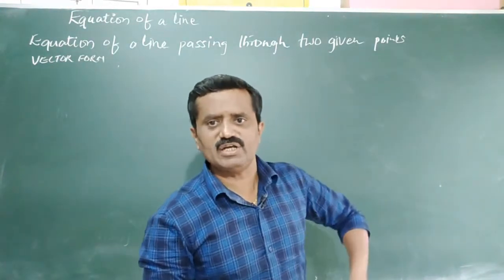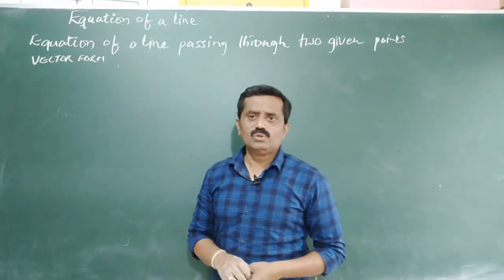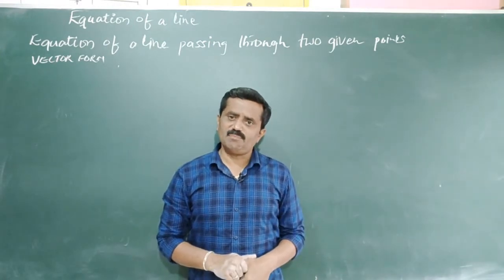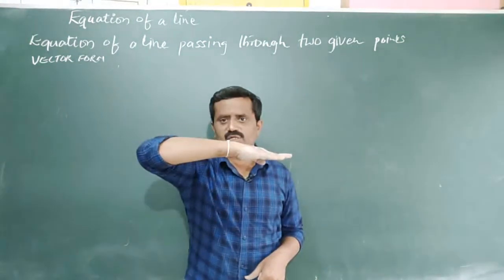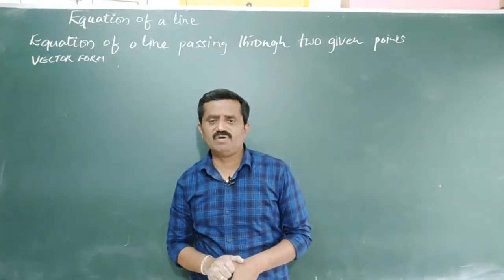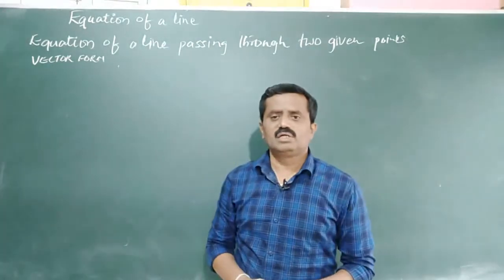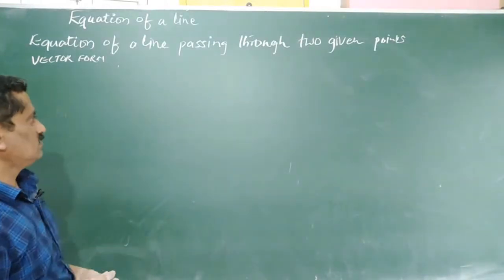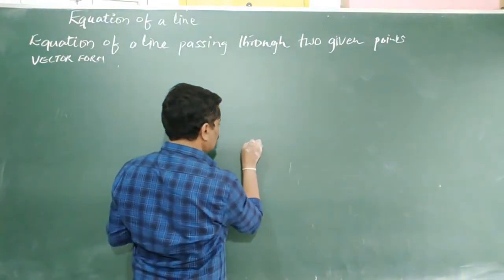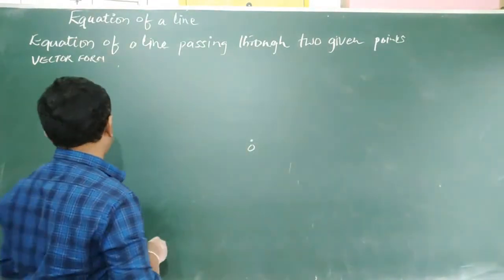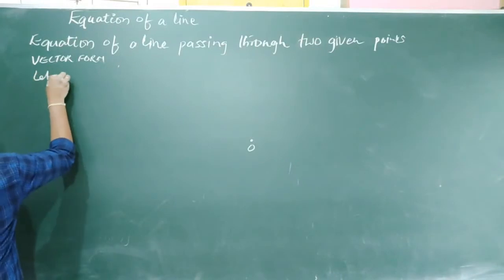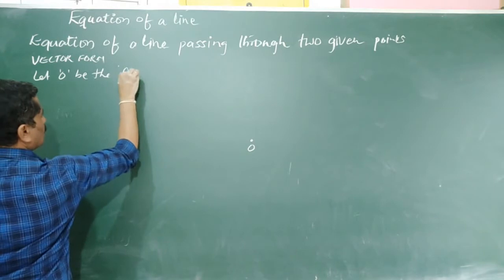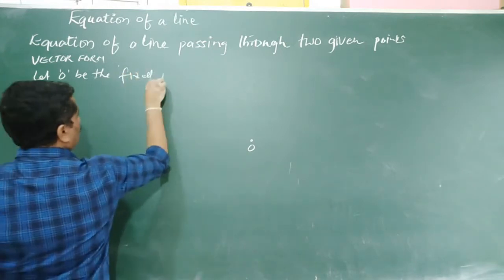Second one, we have the equation of a line passing through two given points. Earlier it was the equation of a line passing through a point and parallel to a given vector. Now we have the equation of a line passing through two given points. First we will discuss the vector form. Here let O be the fixed point.